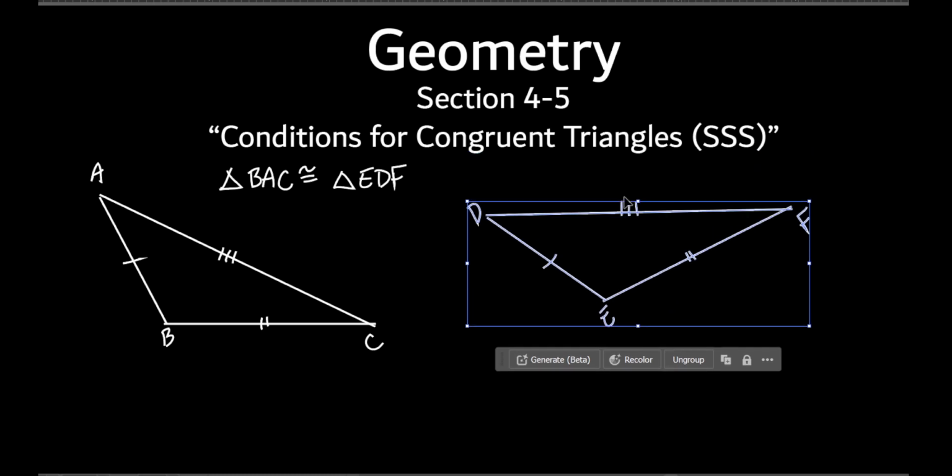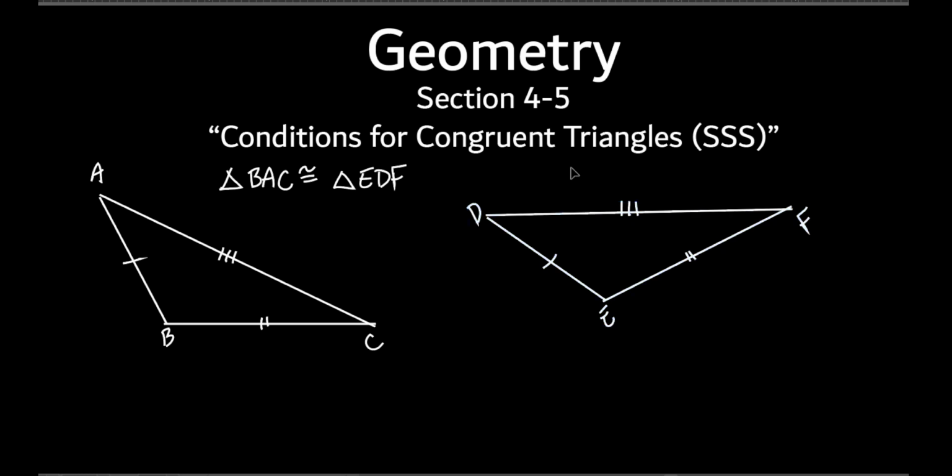All right. So now, how do I know which one goes with what? Because now it's all flipped around. It's not sitting there like a mirror, right next to each other. Absolutely, look at the lines, okay? So look at B and E. How do I know that angle B and angle E are the ones that match up with each other? Well, I look to see what side it's opposite.